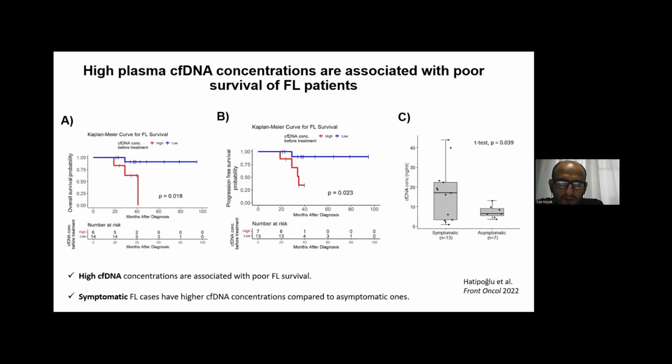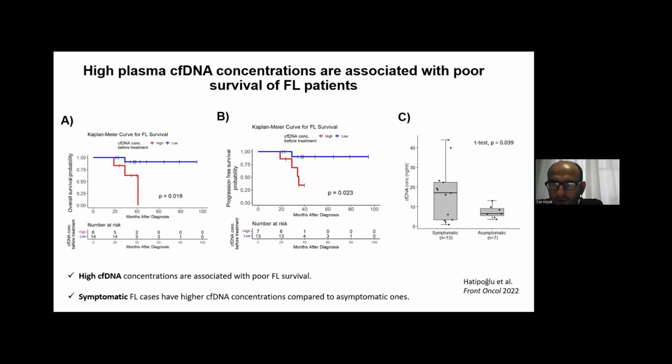Before presenting our results about the cfDNA genotyping in follicular lymphoma, I would like to briefly mention that we also measured the cfDNA concentration in the treatment-naive cases and observed that when the cfDNA concentration is high, both overall survival probability and progression-free survival probability of the patients are significantly inferior compared to the low cfDNA concentration patients.